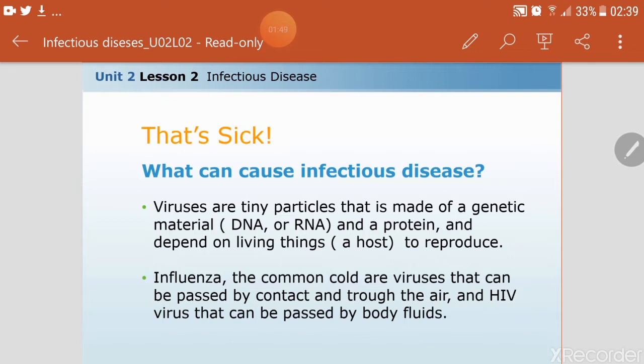Once it can enter a specific living cell, it can occupy and invade this cell, and it will predominate over this cell. It will make it like its own factory, or a copy machine. It will use the DNA of this cell to make more copies of it.